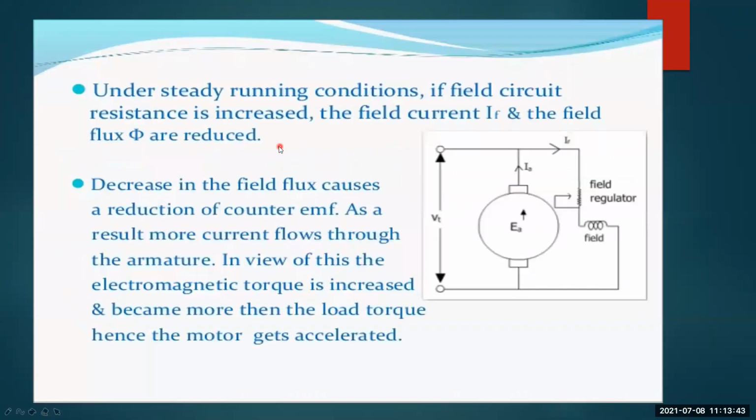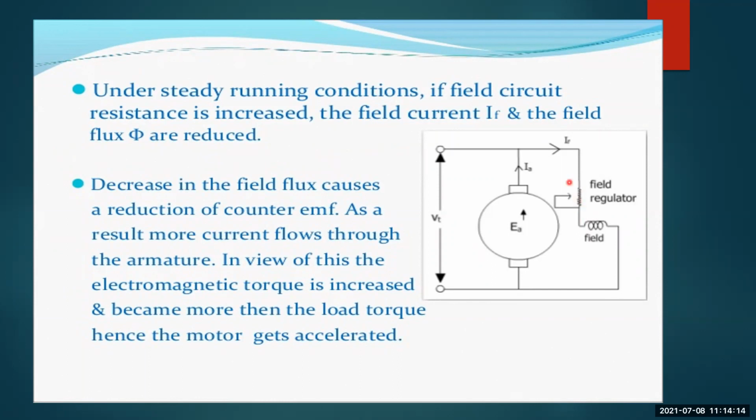Okay. So here, under running condition, if the field circuit resistance is increased, the field current IF and the field flux ψF are reduced. I've already explained: if the resistance is increasing under steady running condition, the current always chooses the low resistance path.